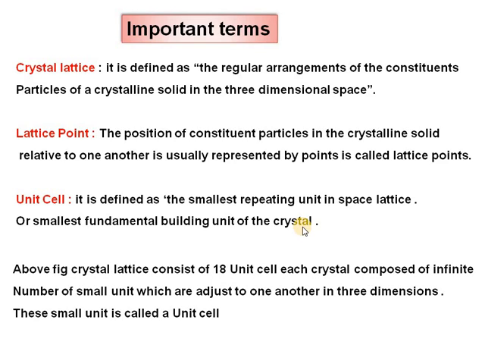This figure shows a unit cell, and the lattice is composed of an infinite number of small units which are adjacent to one another in three dimensions. What is meant by lattice constant and what is meant by unit cell?